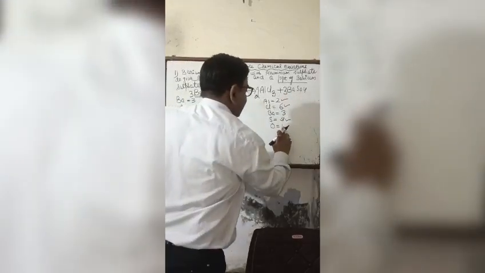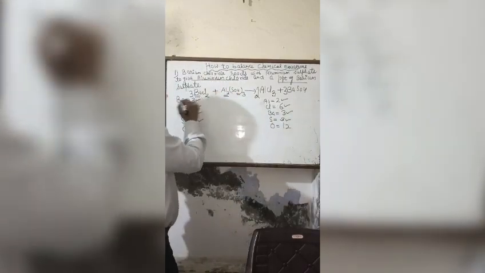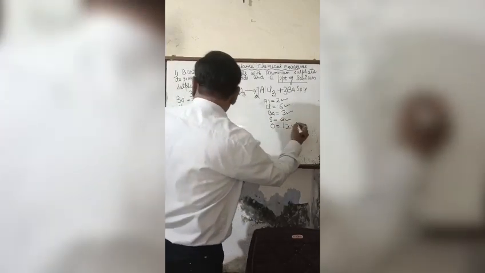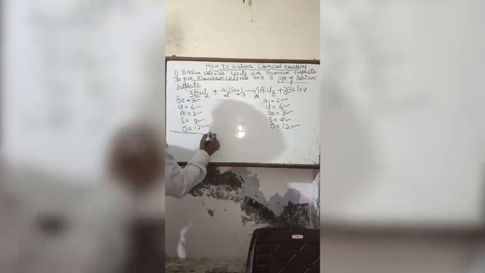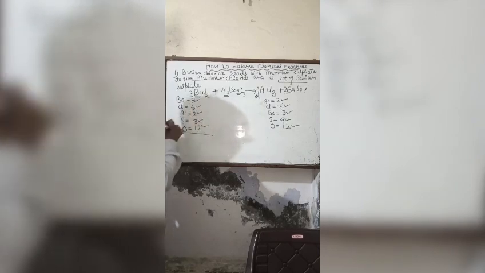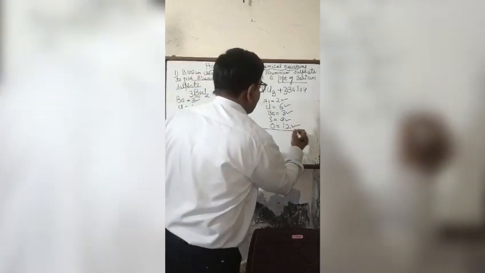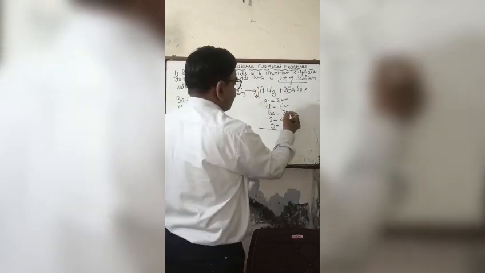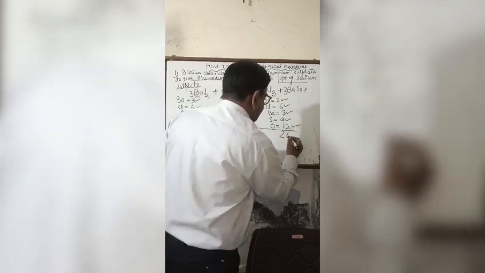Here it becomes 12. So barium 3, sulfur 3, oxygen 12, oxygen 12. Now to check, the confirmatory total: on this side 3, 6, 9, 11, 3, 14 and 12, 26; on the other side the same. Hence we have balanced this equation.